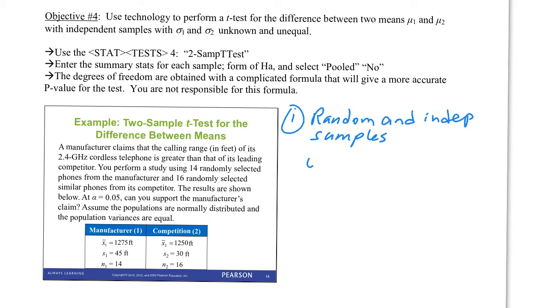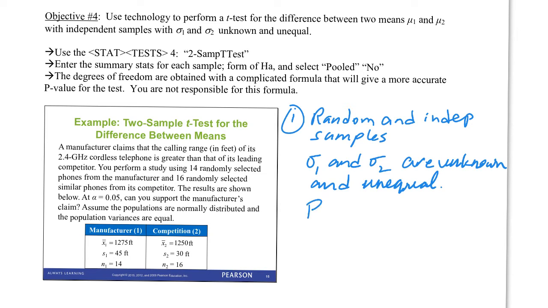Then we move on to saying that the sigma 1 and sigma 2, remember those are standard deviations for the two populations, are unknown and unequal. And finally, both populations are normal.